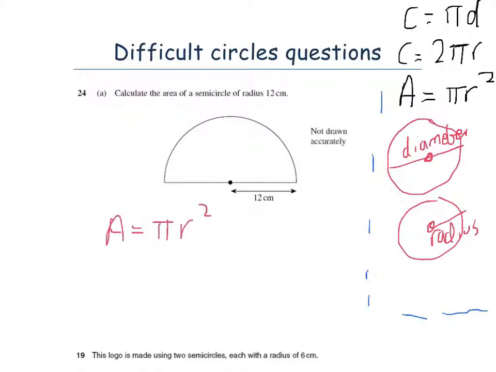We've got a radius of 12, so where r is, we substitute in 12. So pi times 12 squared.